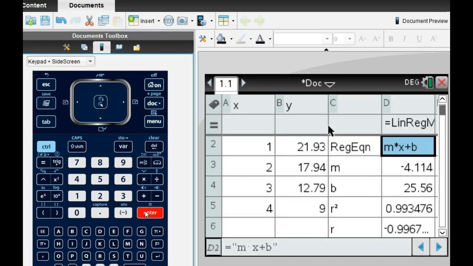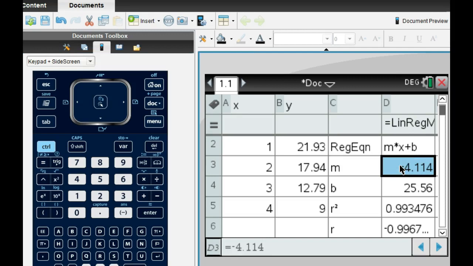Alright, so our slope is negative 4.1. Our B is 25.56. Now your answer choices aren't exactly like that, so they probably only put in a couple of points.